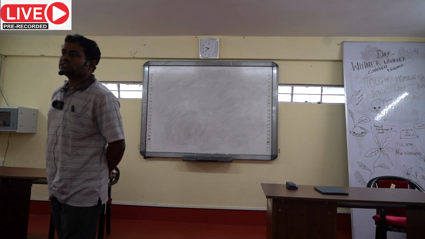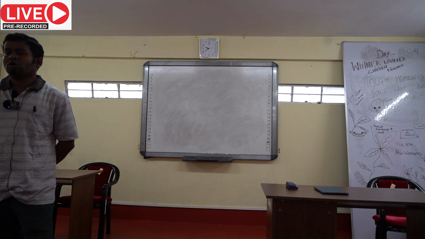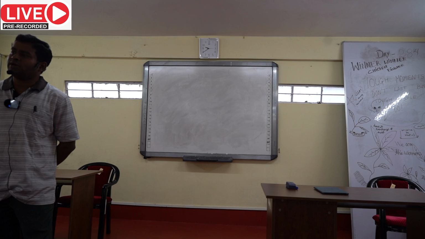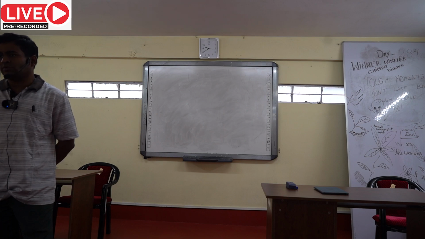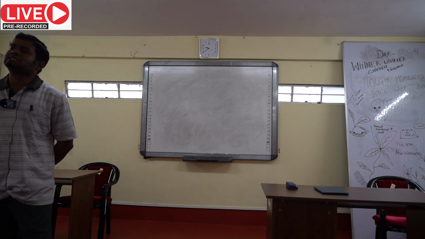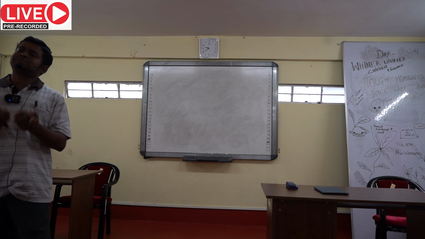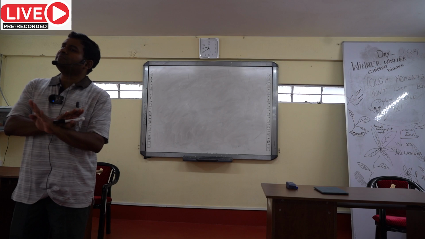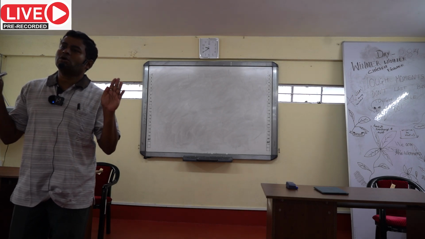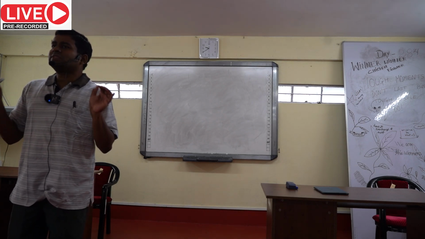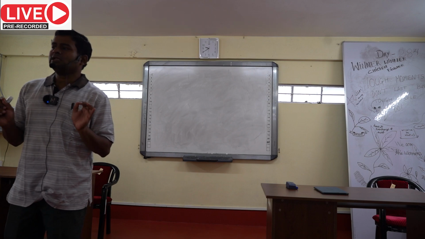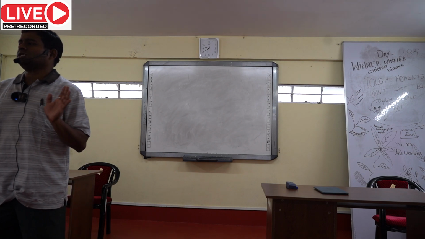A body at rest will remain at rest, or a body in uniform velocity will continue to move with uniform velocity, unless it is acted upon by an external force. So in the absence of external force, there will be no acceleration of a body. And if that is verified, then it is called an inertial frame.